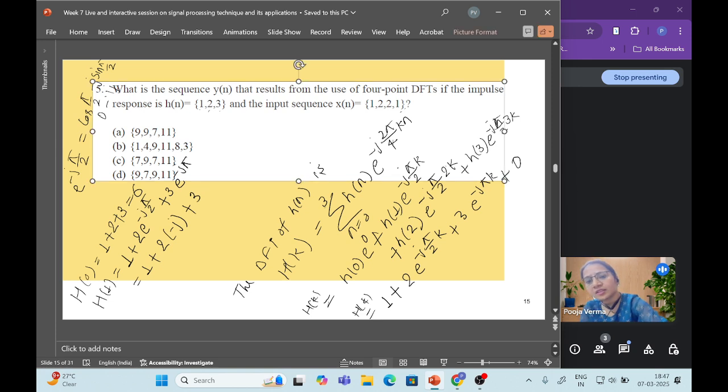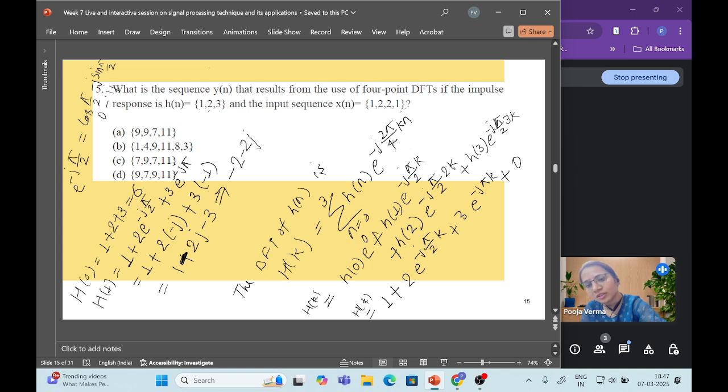So this way you can calculate it. Okay, similarly you have to calculate e to the power minus j pi. So this value, if you calculate it, is minus 1. Okay, so 1 plus, sorry, minus 2j minus 3. So from here you will get minus 2 minus 2j, H of 1 you will get minus 2 minus 2j.